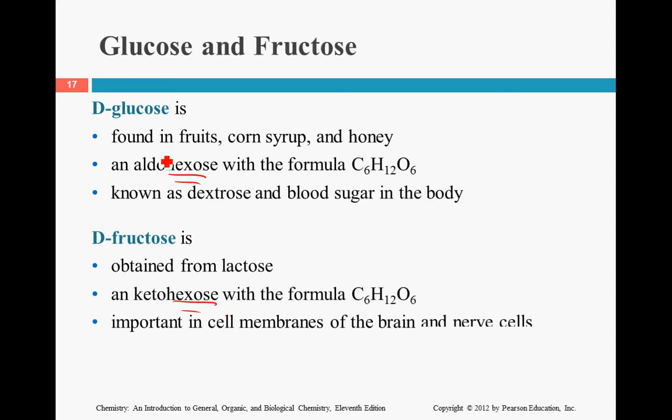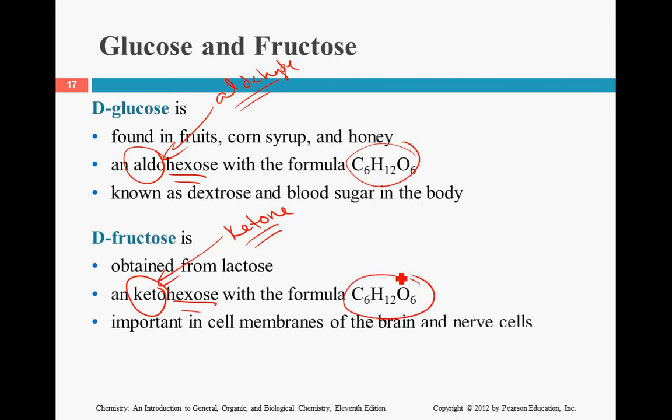But glucose is an aldo, which means it's an aldehyde, whereas fructose is a keto, which means it's a ketone. That means the double bonded oxygen is at the top for the aldehyde, and on the second carbon for fructose. Notice that the chemical formulas are the same, so they are isomers of one another.